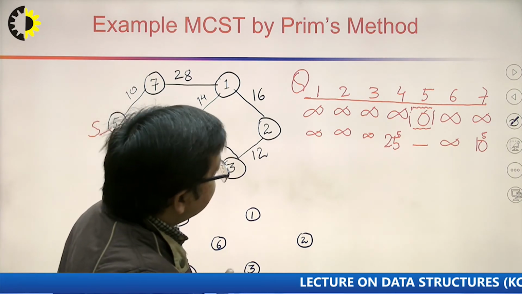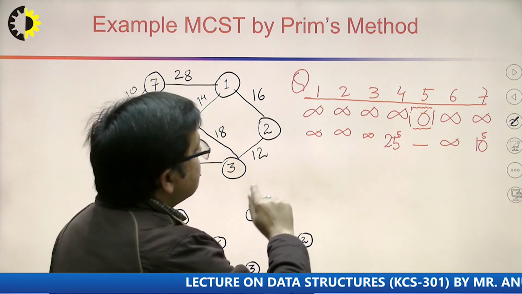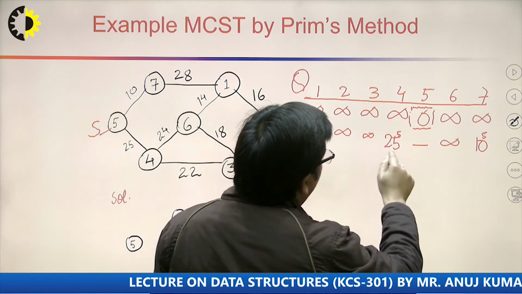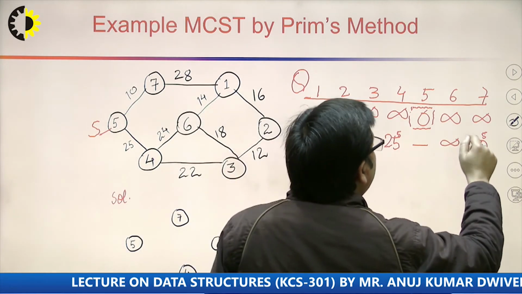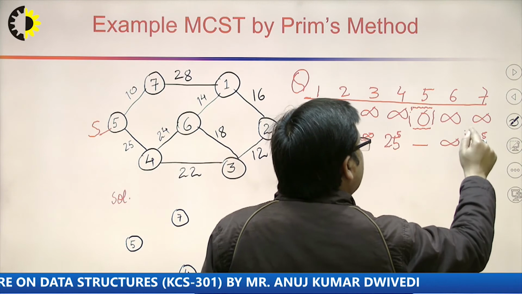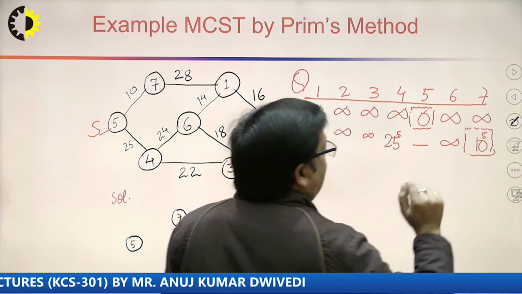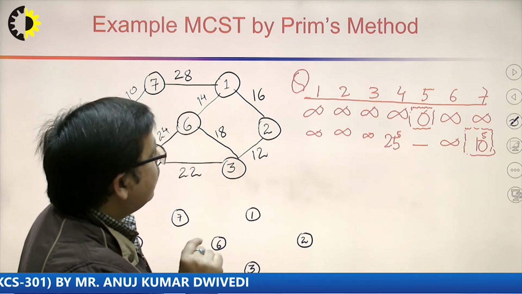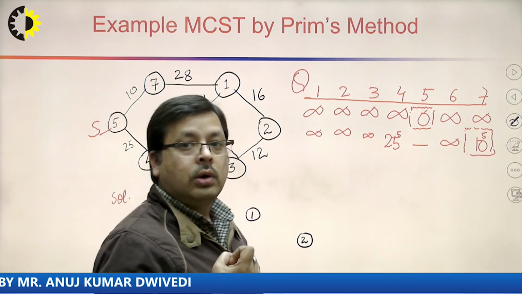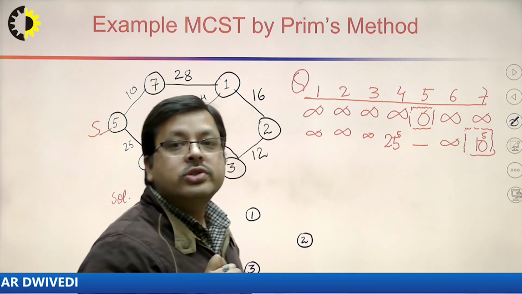Now, the minimum weight node will come out. You can see that in this queue node 7 has the weight 10, which is the minimum. So, this node will come out. When node 7 comes out, see who is the parent of node 7.